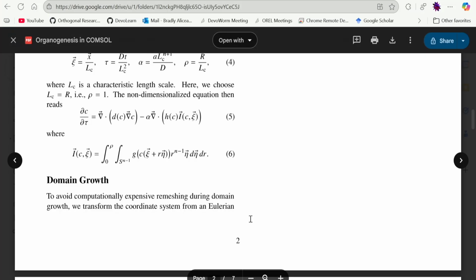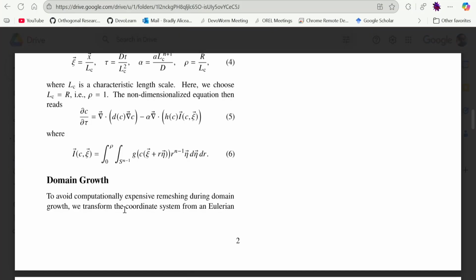Then there's domain growth. To avoid computationally expensive remeshing during domain growth, that means when the volume is expanding because it's growing, they don't want to remesh the simulation, because remember, this is approximating a finite element model.